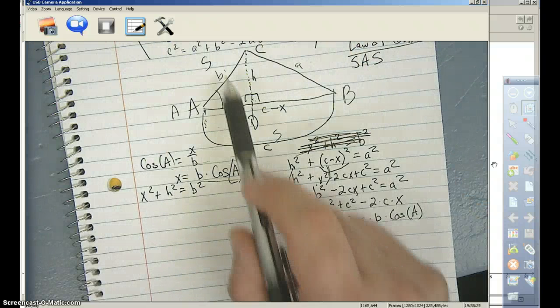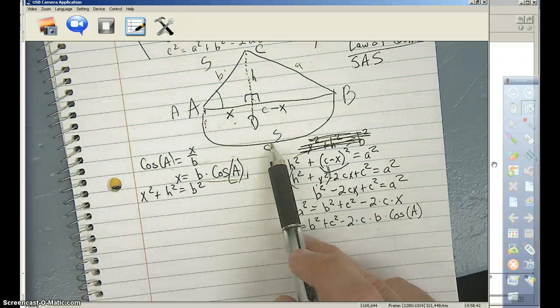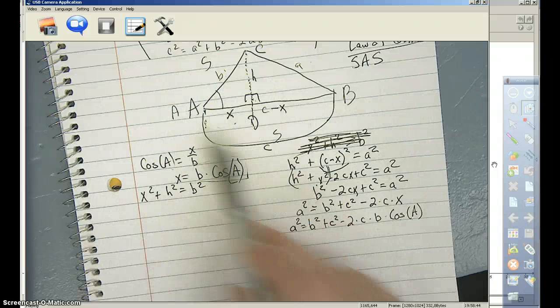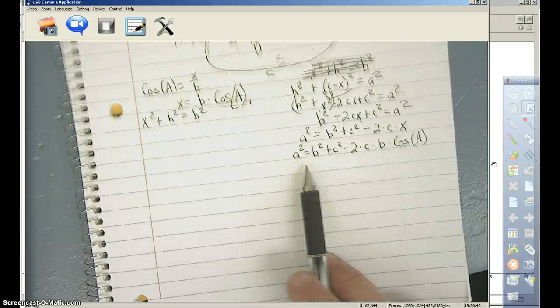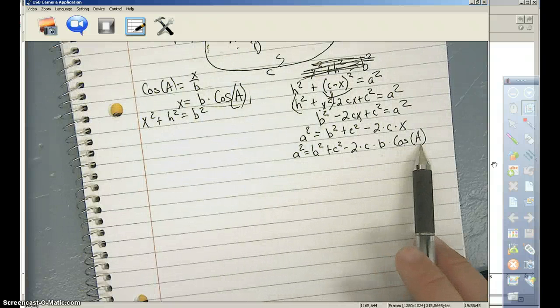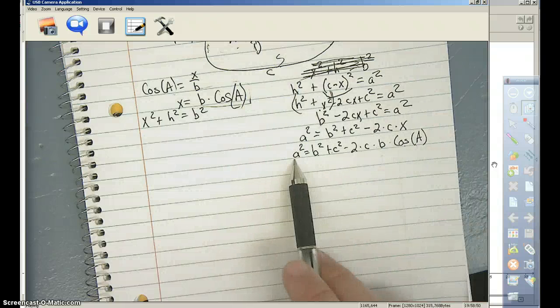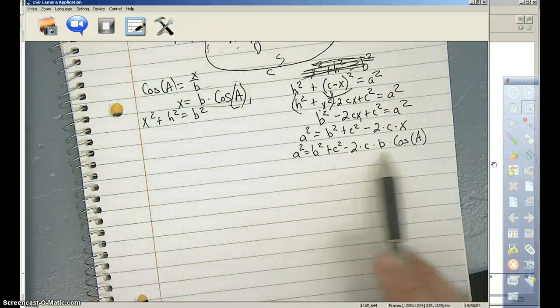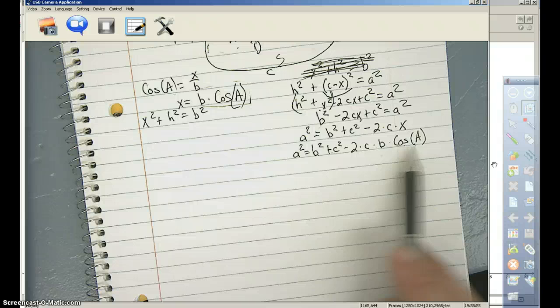So if I knew little b, big A, little c, I could plug them in here, and guess what? I could solve for little a, because I don't have anything else in there that's unknown. See, I don't have anything that's unknown.